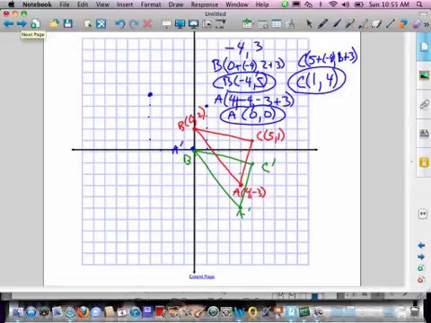So there's my new triangle. This was C prime, this is B prime, this is A prime down there. So there are my triangles, and you can see they all look the same. They've just been slid. One was down, one was up and to the left.